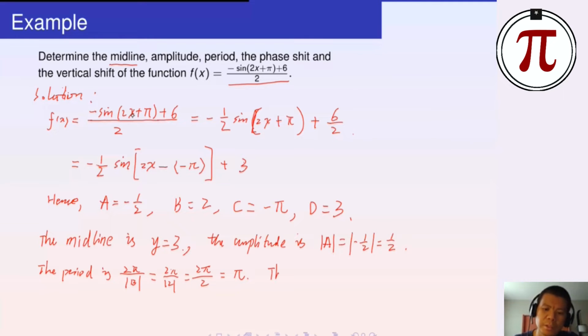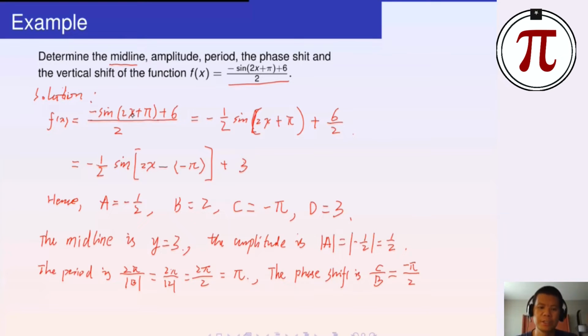What is the phase shift? It is C over B. C over B is negative pi over 2. Since the phase shift is negative, it's a horizontal displacement to the left.